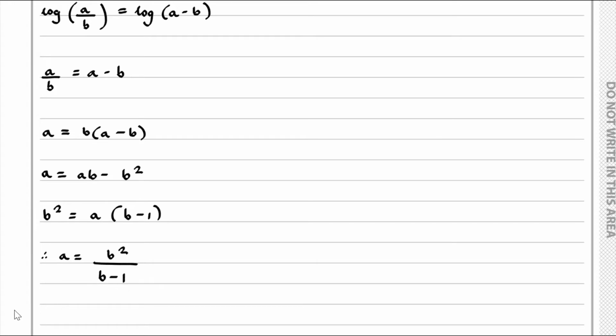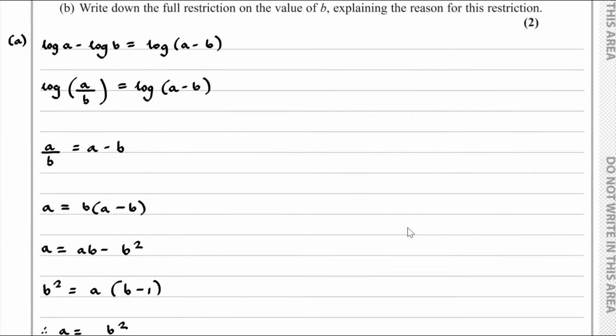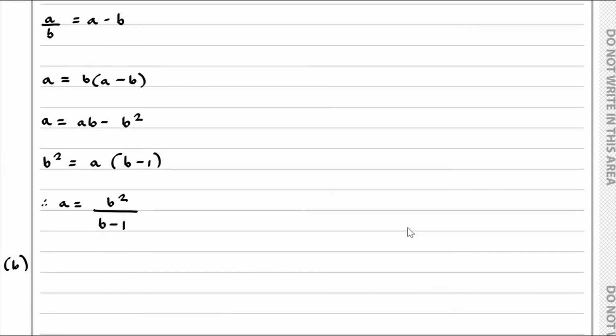Okay, now for part B, we have to write down the full restriction on the value of B, explaining the reason for this restriction. So first of all, we cannot take a log of a negative. Let's just quickly write that down actually.